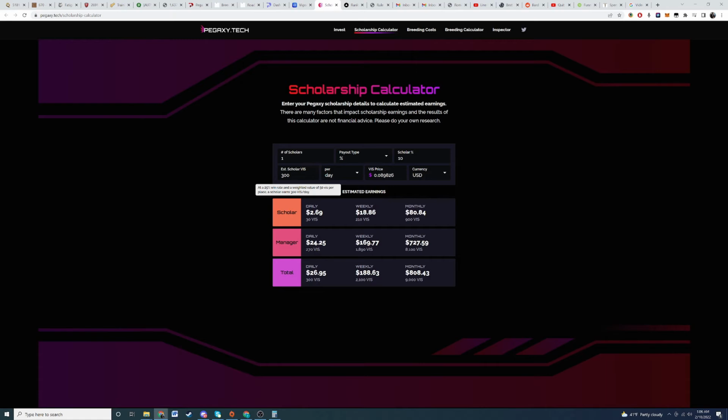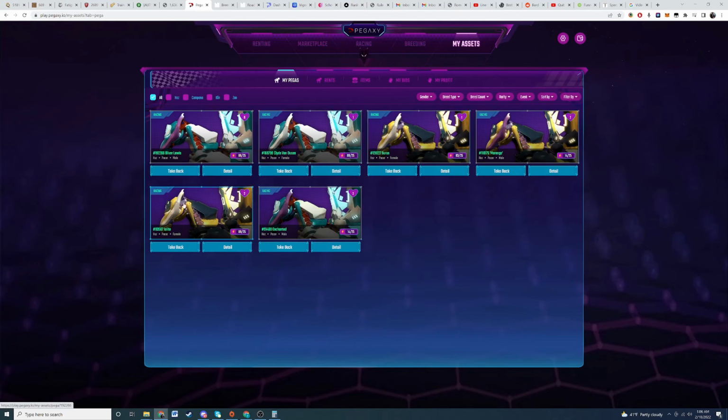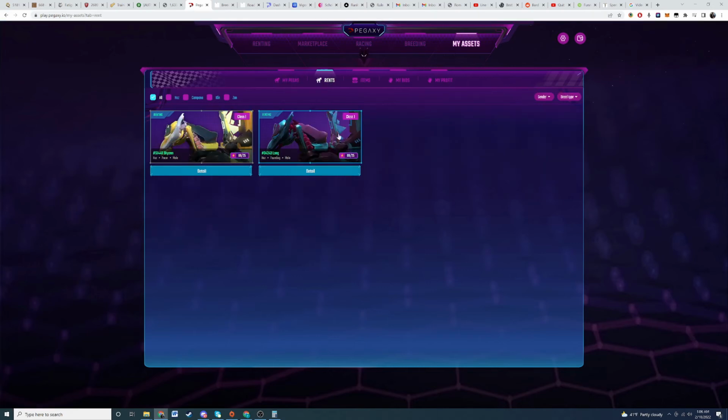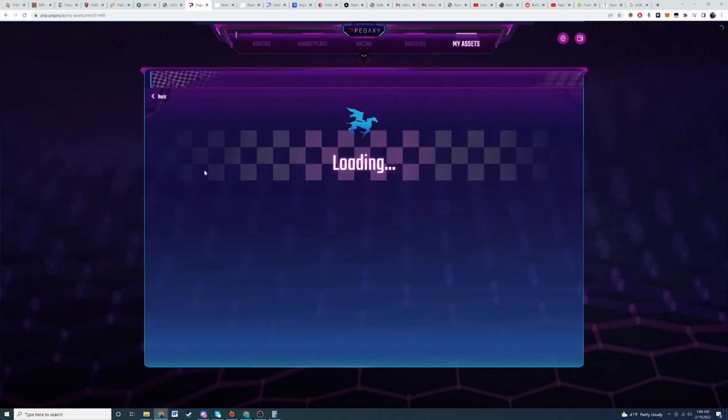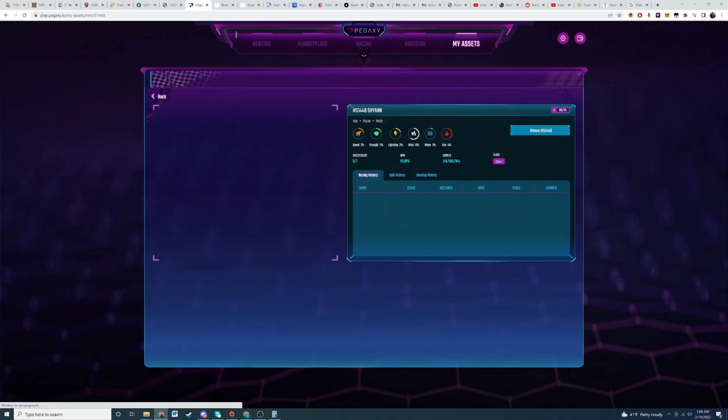Basically what that means is almost every Pega earns you on average 300 VIS per day. With my particular stable, I've got 6 that I own, so that's 1,800 VIS a day that I'm earning. And these 2 rental contracts are 50-50 splits between me and my buddy.